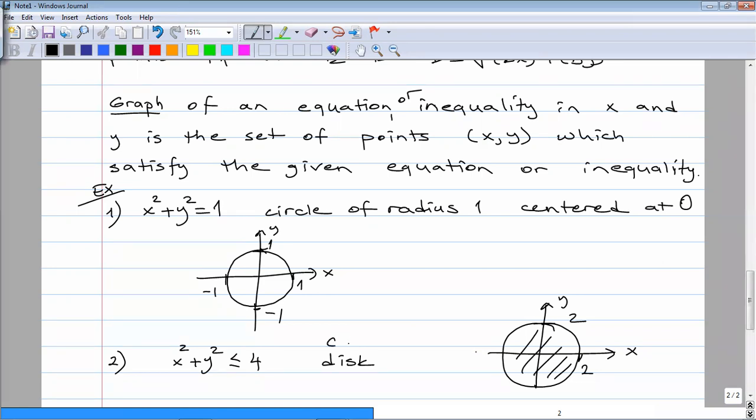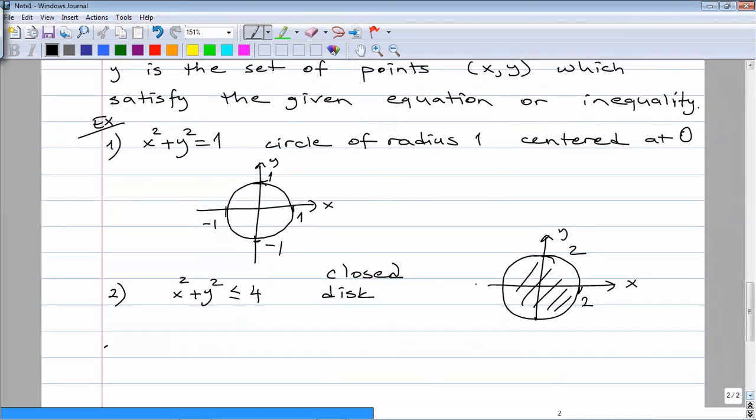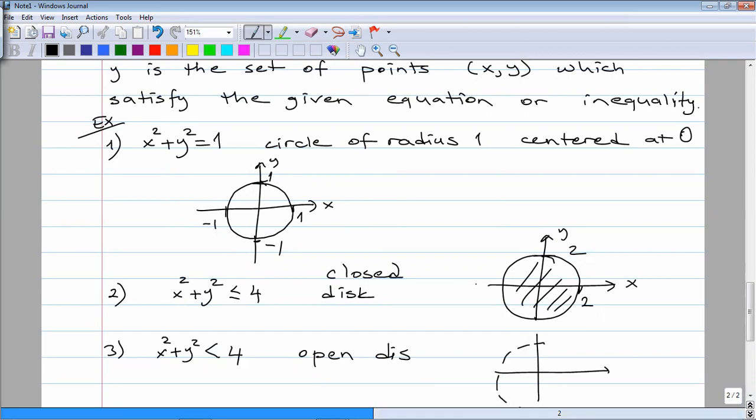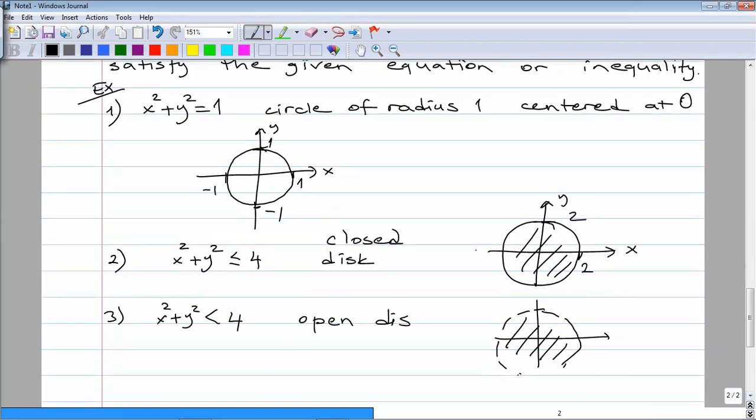Well, I should say a closed disk, because if you take x squared plus y squared less than 4, then this is an open disk. So you don't take the circle, just the inside. And if you take less than or equal to, that's a closed disk.